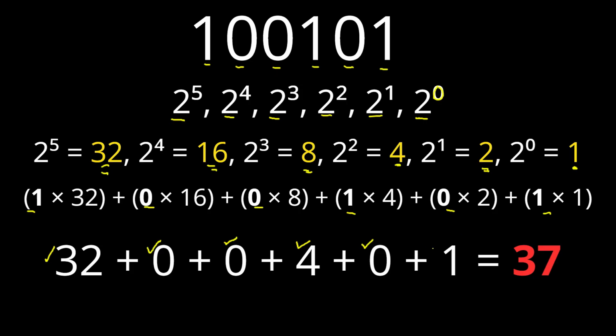And 1 times 1 is 1. Now, if we add 32 plus 4, that's 36. Plus 1, our final answer is 37. Therefore, this binary number represents 37 as a decimal.